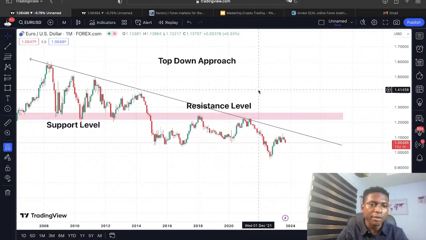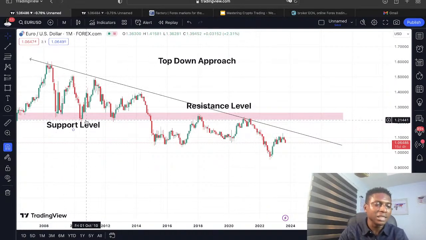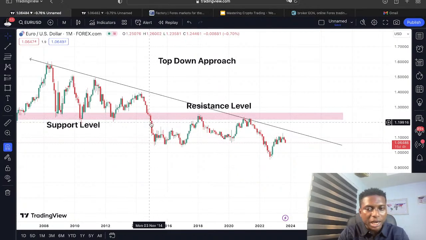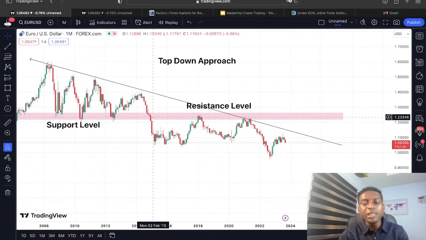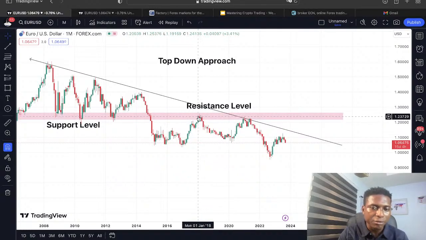So this is very important for us to note. This support level here has turned into a resistance level. How did it turn into a resistance level? A breakout occurred here. The breakout that occurred here redefined the market direction. After this breakout, the market went back to retest that level and couldn't hold.